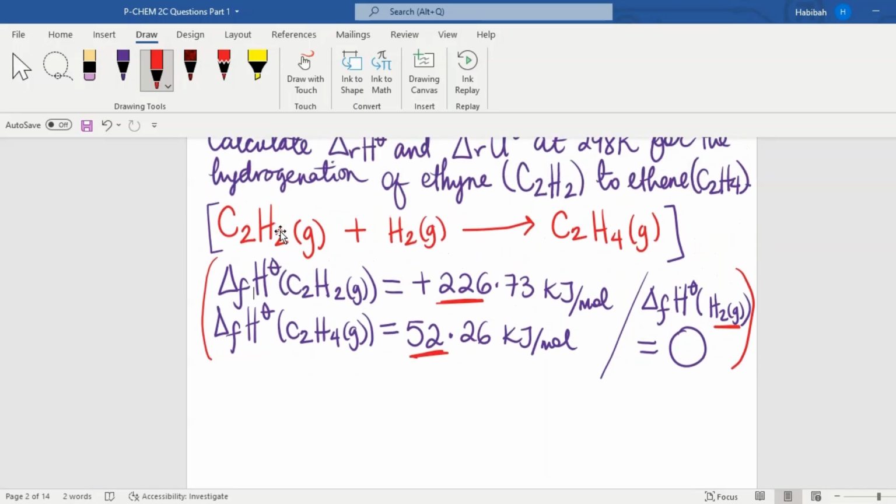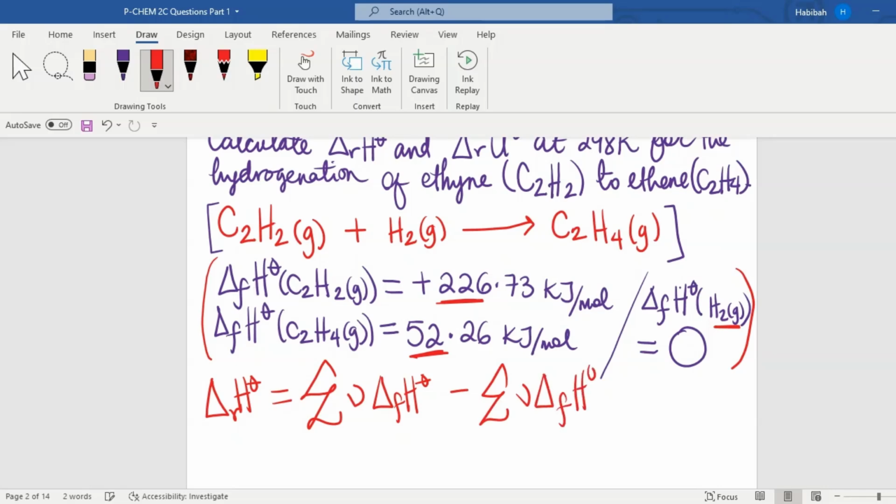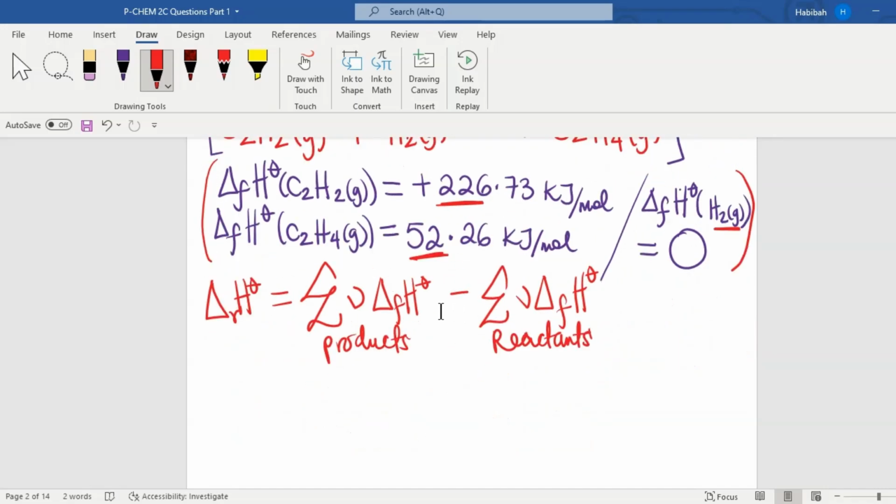In order for us to solve this question, the first thing you have to do is write out the formula. Change in enthalpy of reaction is equal to the sum for products, minus the sum for reactants. I'm just going to write out this equation and explain it to you. Looking at the work, you'll observe that I wrote the exact same thing twice.